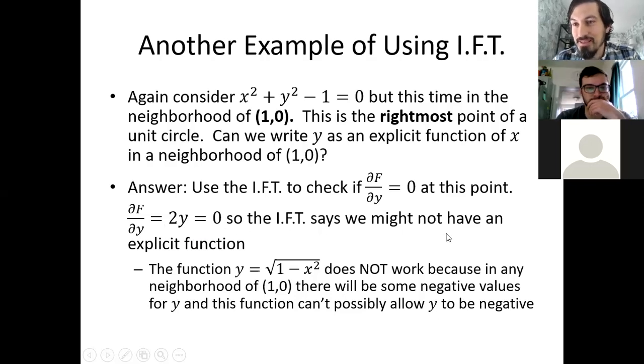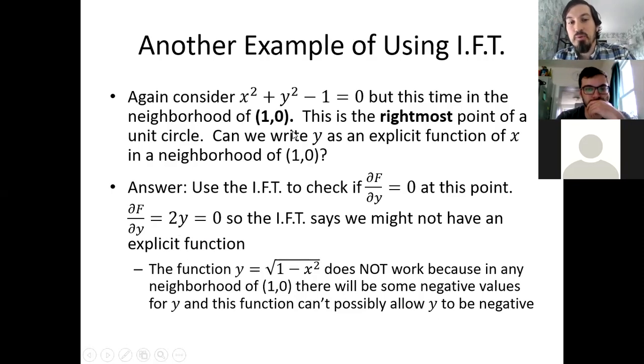By the way, it doesn't say we definitely don't have one. Don't think of this theorem as an if and only if. Rather, it's an if df/dy is not equal to 0, then there is a function. It's not saying that if df/dy is equal to 0, then there's not a function. It actually doesn't say that. It's just one direction.